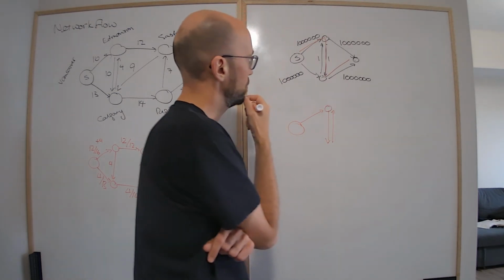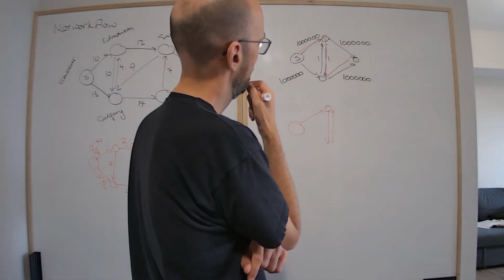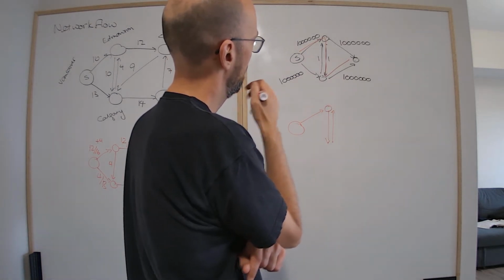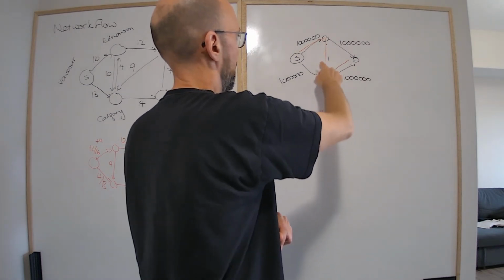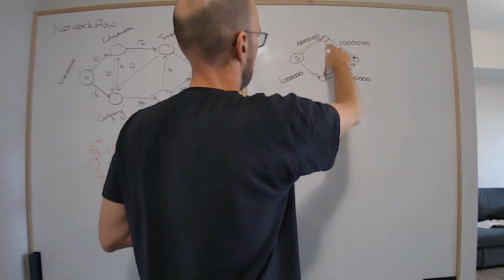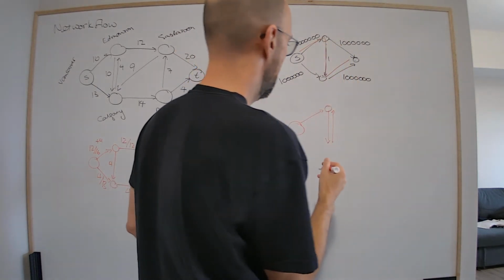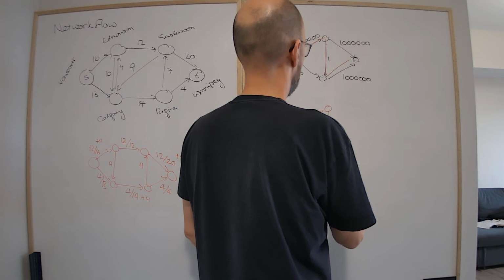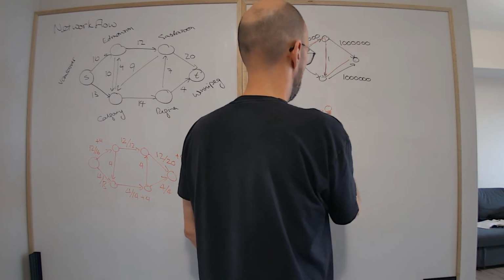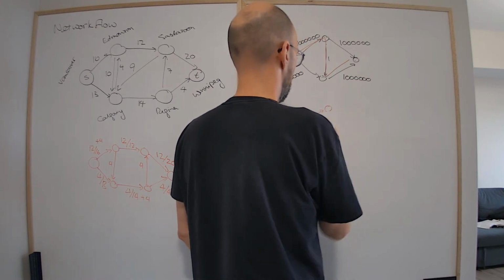Maybe I can do it with just one. What happens if I erase this one? So I still find this path from up here down here. And now, okay, so now this edge isn't here in the residual graph.